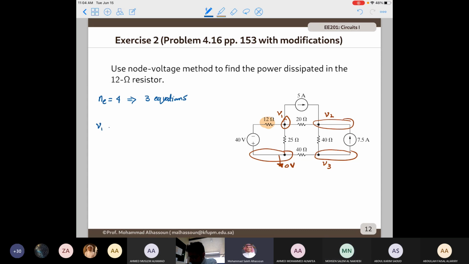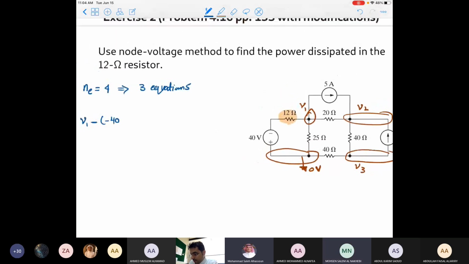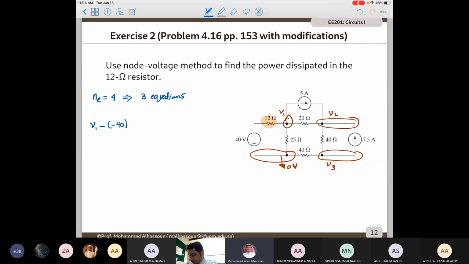So V1 minus 40 divided by 12, plus V1 over 25, plus V1 minus V2 over 20, plus 5, equal to 0.